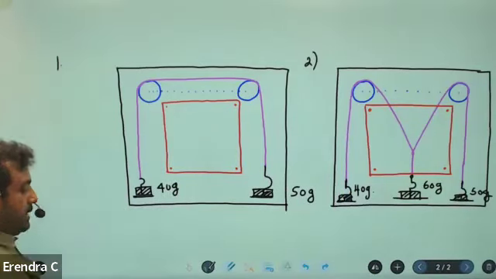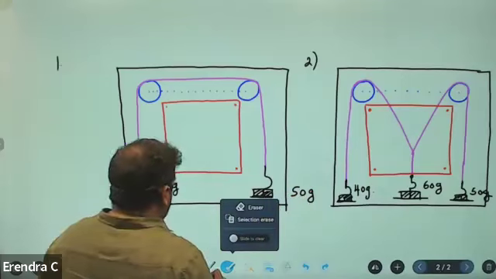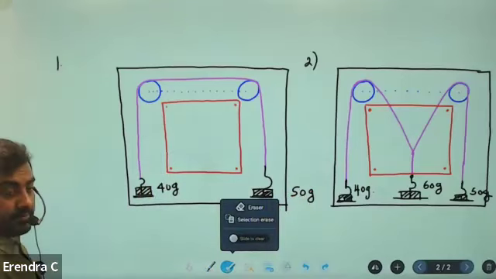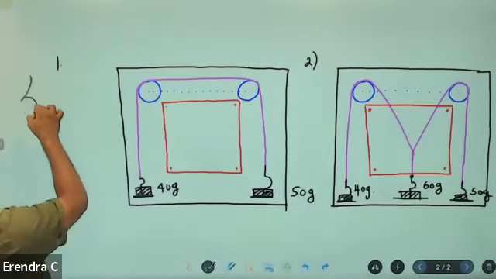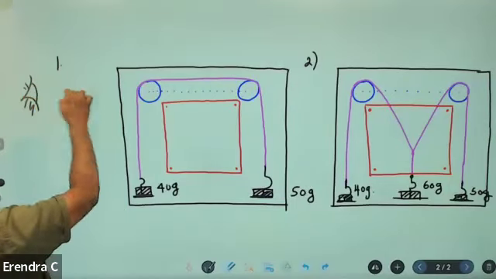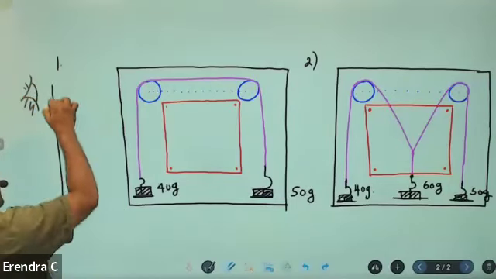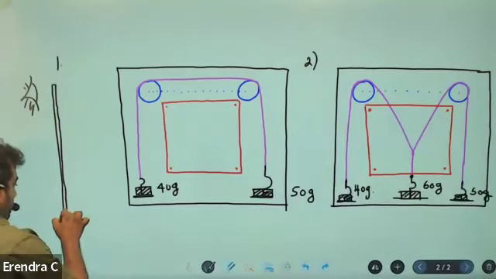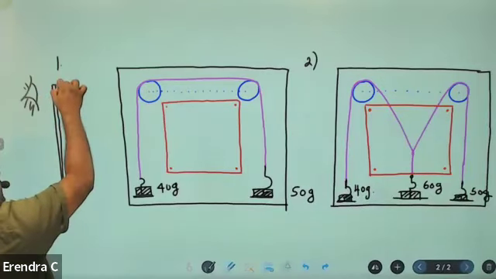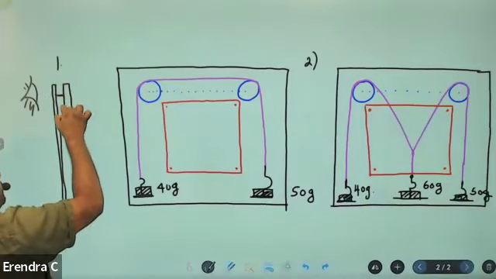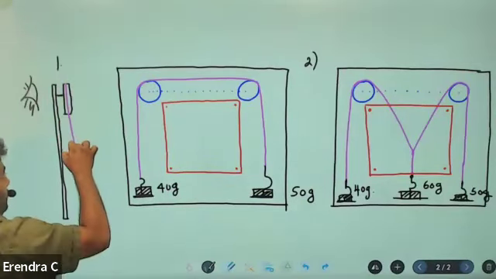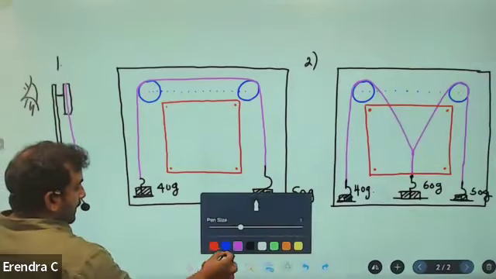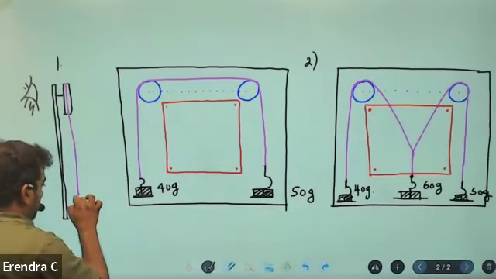Please remember, none of the components are touching this board. If I draw it from the side for you all to see, board is there, pulley is there, string is passing over the pulley, connected to the weight.